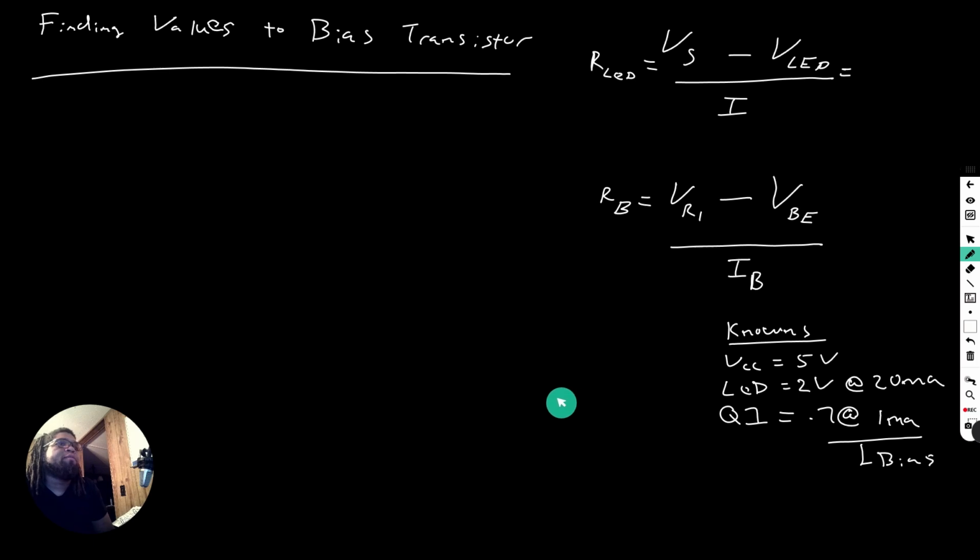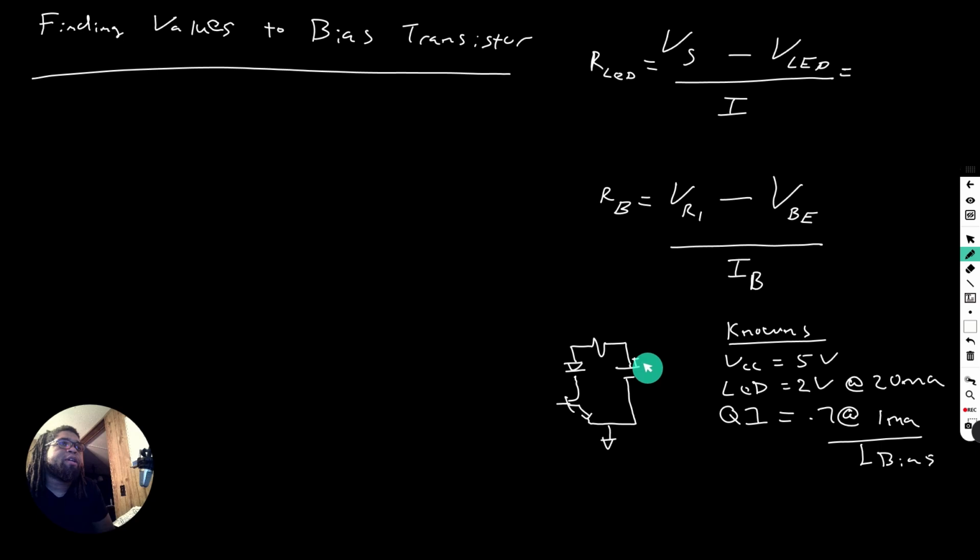If we recall, again, our circuit looks something like this, and we're going to go on the computer to the EveryCircuit website and look at a simulation of how to actually get this LED to turn on.